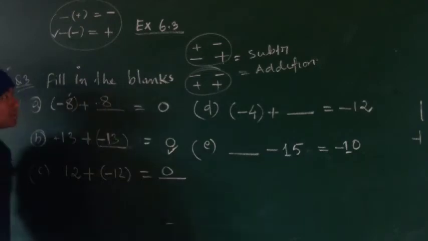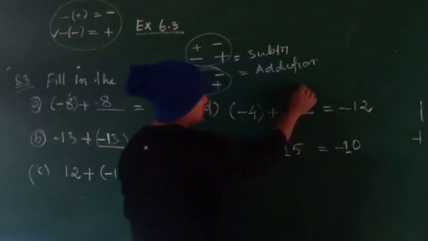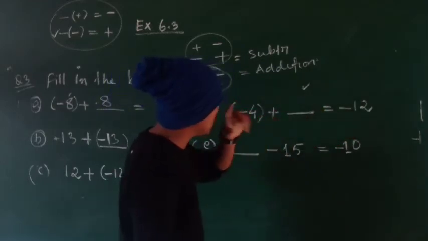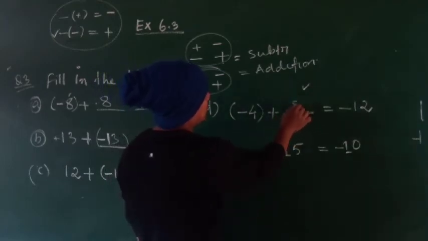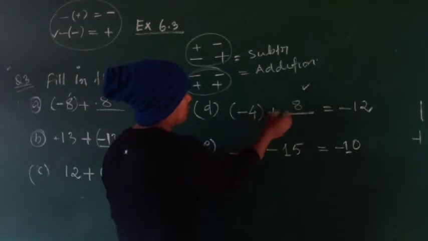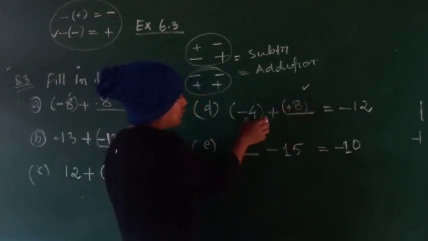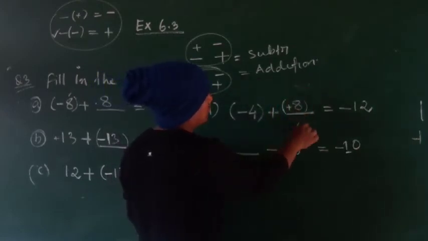Okay, this minus 4, what should be written here so that the result will equal 12 minus 12? Now if you see, if you write plus 8, you know negative positive becomes subtraction, so that result will be positive 4.